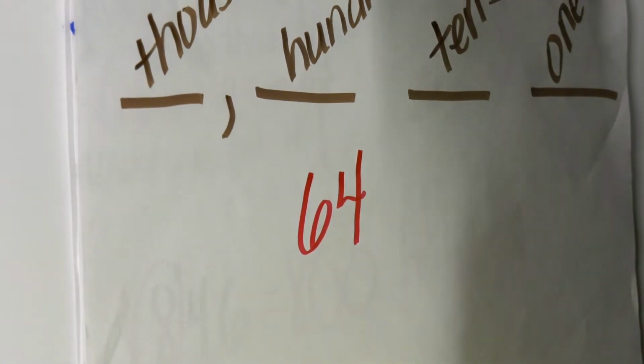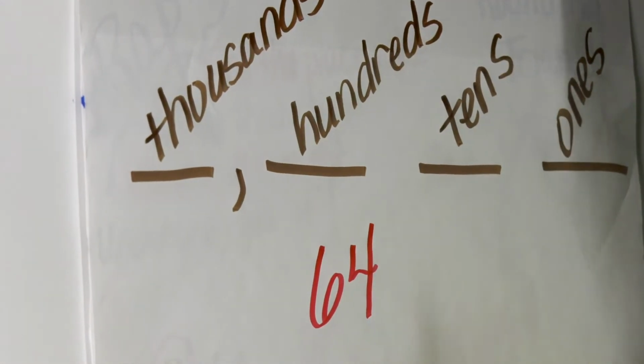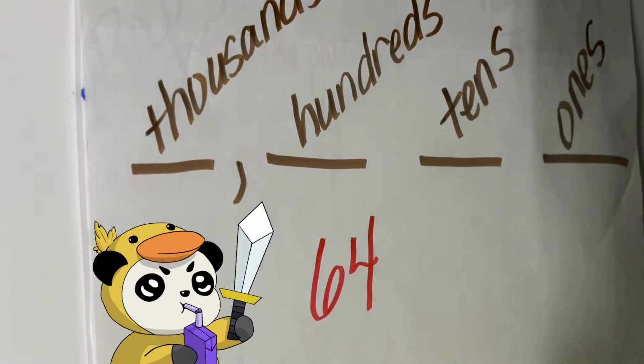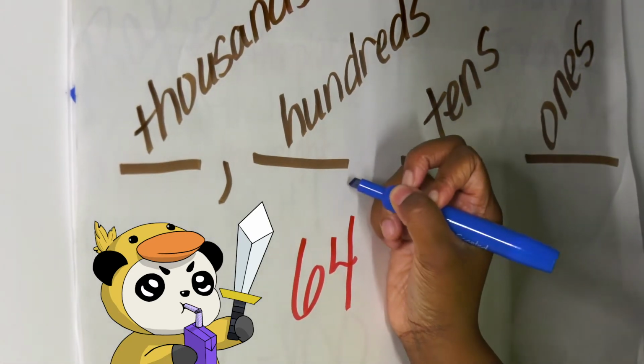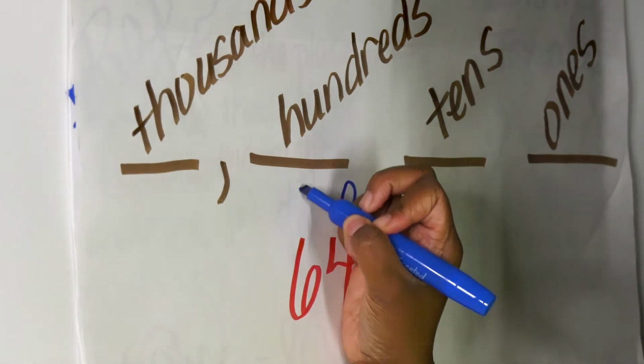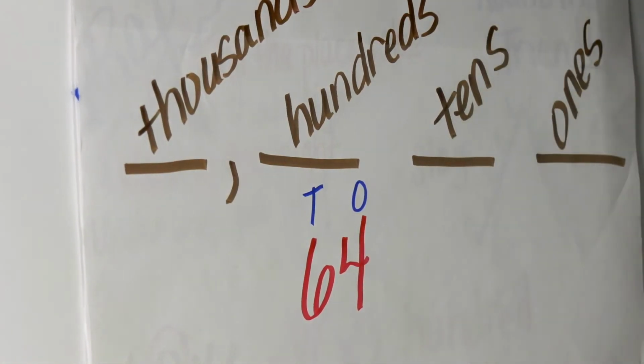If you have a hard time with that, that's okay, because remember, we are super mathematicians. All you have to do is label those numbers, and I'm going to abbreviate here. Ones, tens.